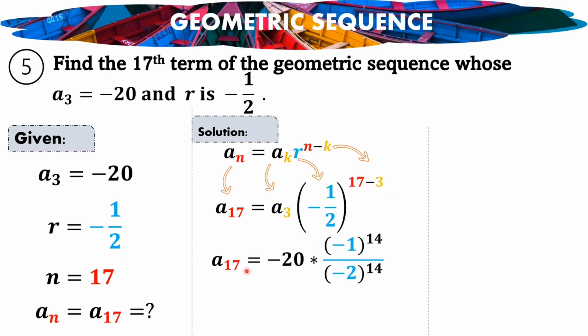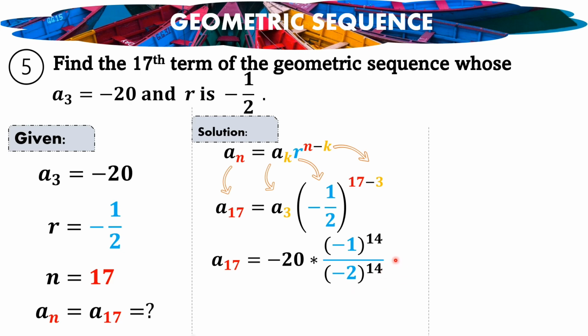So continuing, a sub 17 equals negative 20 times negative 1 raised to 14 over negative 2 raised to 14.